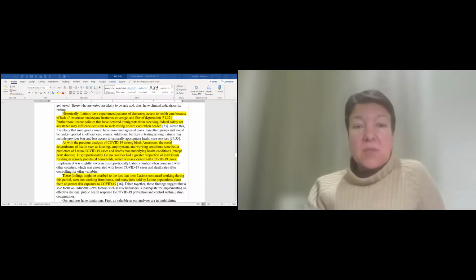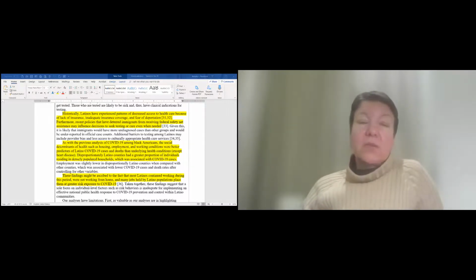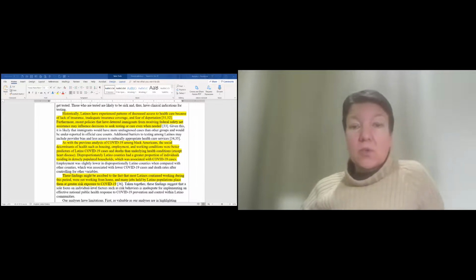Historically, Latinos have experienced patterns of decreased access to healthcare because of lack of insurance, inadequate insurance coverage, fear of deportation. Recent policies that have deterred immigrants from receiving federal safety net and assistance may influence decisions to seek testing and care when needed.